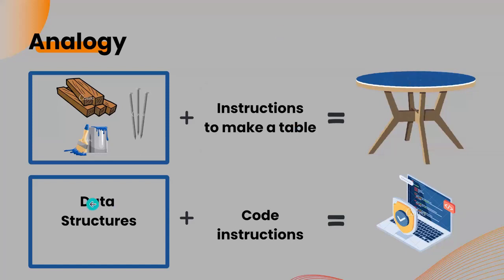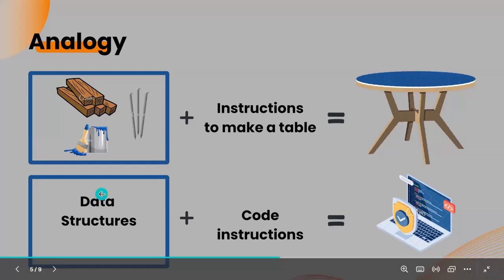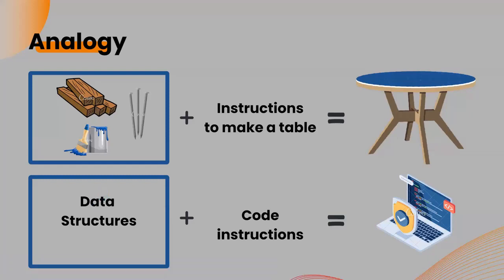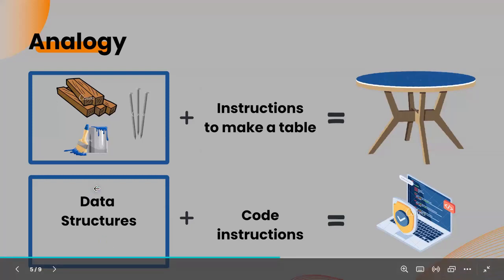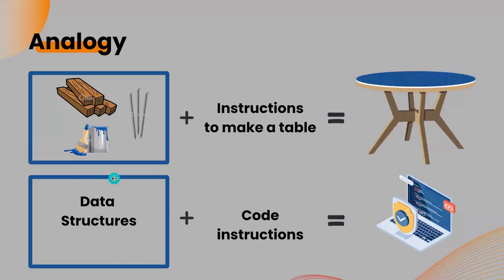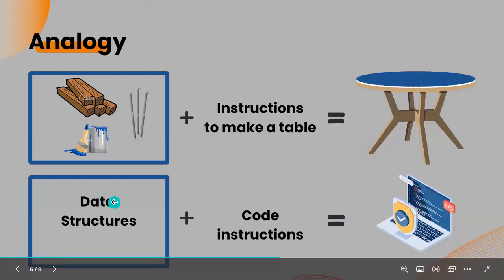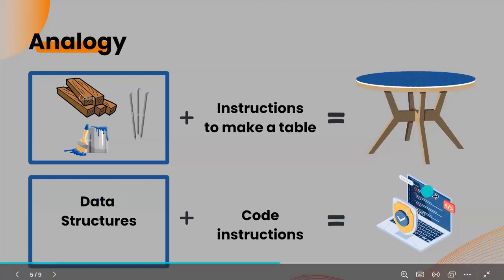The same case goes for data structures. The data structures are the building blocks of computer systems, software. But you have to apply some instructions for you to use the data structures to build whatever computer system that you're building.